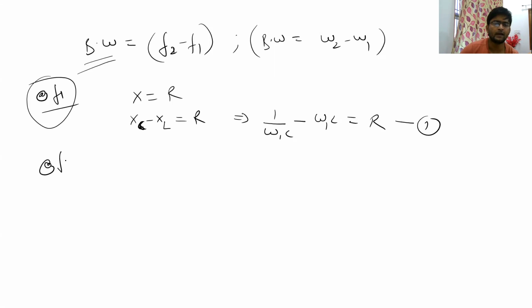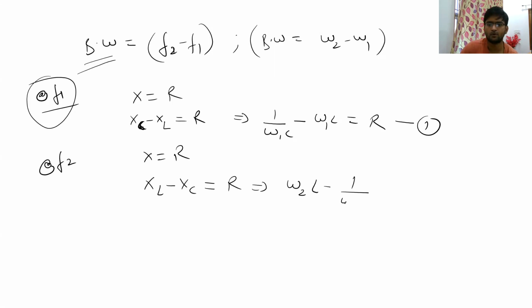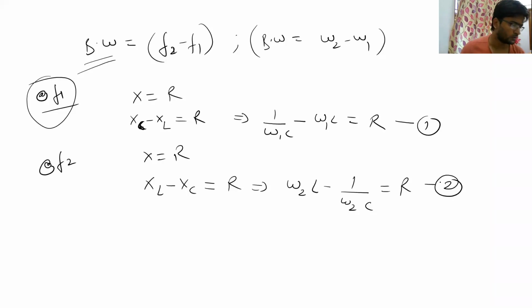Similarly, at F2, X is again equal to R, but here, since the circuit is inductive, we will say XL minus XC is equal to R, which means omega 2L minus 1 upon omega 2C is equal to R. This is your equation number 2, right?